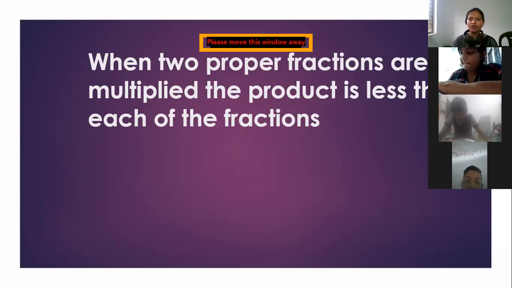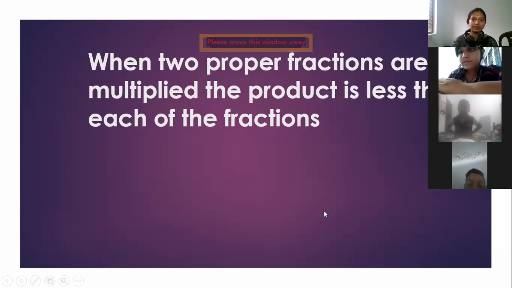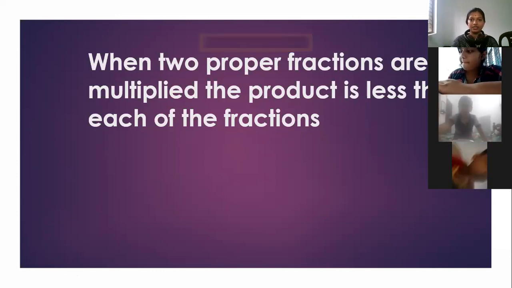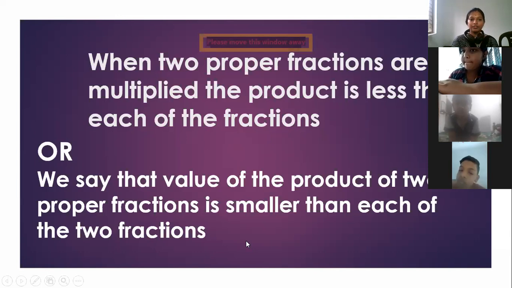Or in the case of values, we are discussing the value of the product, is it? So we can change this definition as follows. We say that the value of the product of two proper fractions is smaller than each of the fractions.